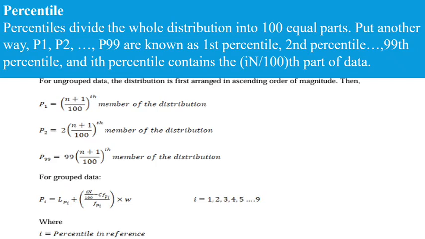For grouped data, we use the same method as for the median, quartile and decile.